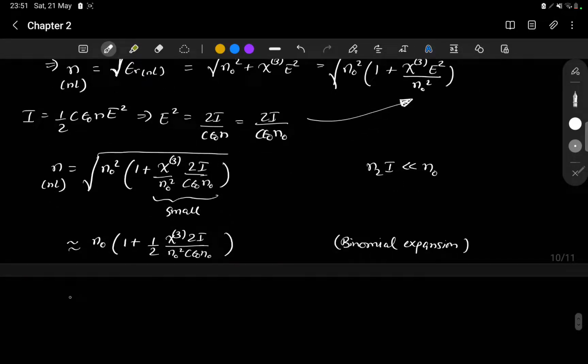Let us simplify the expression. So this is n0, 2 cancels out here, plus chi3 I over n0 squared c epsilon naught. This n0 and this n0 would cancel out.